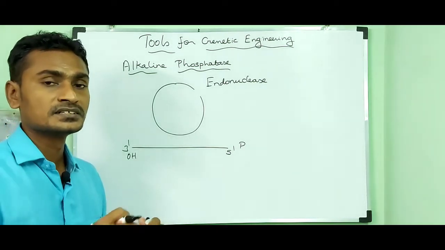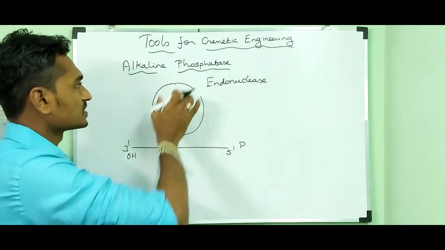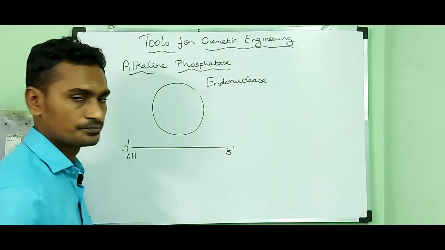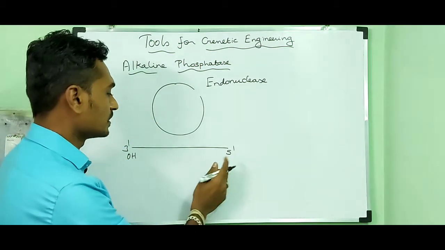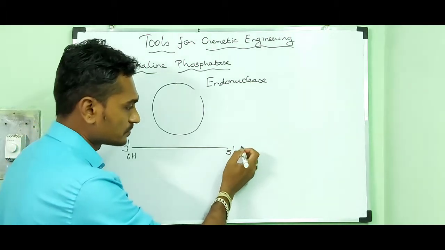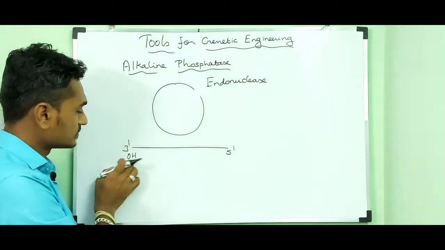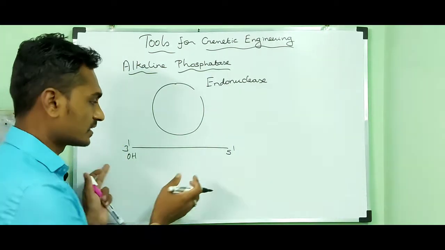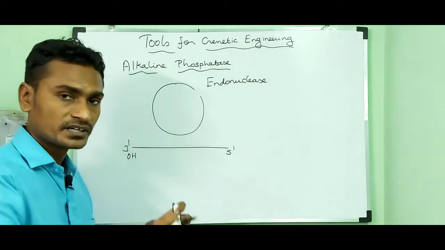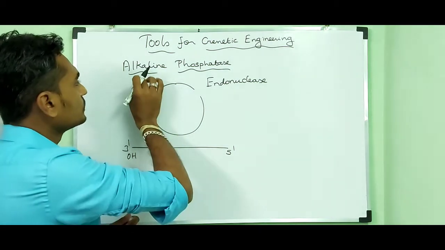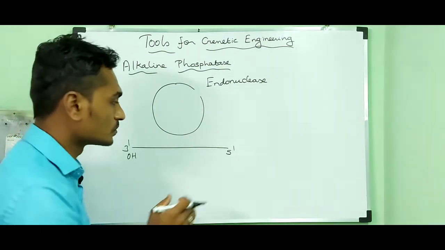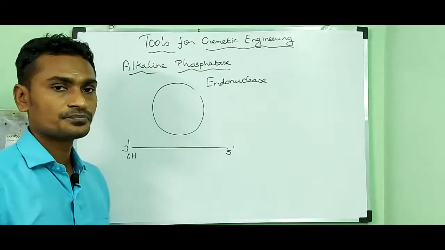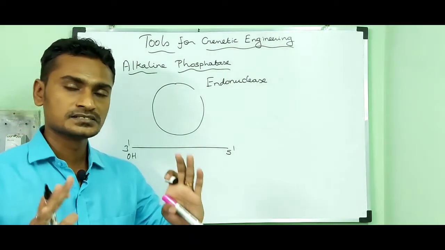So in order to prevent the self-ligation, the alkaline phosphatase enzyme is used to remove the phosphate group from the 5' end. So now the self-ligation is prevented.